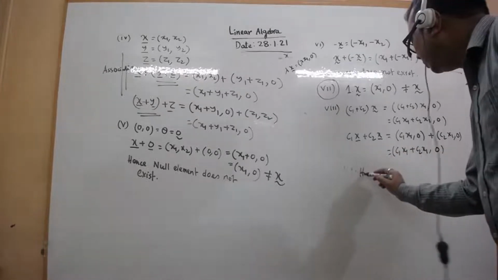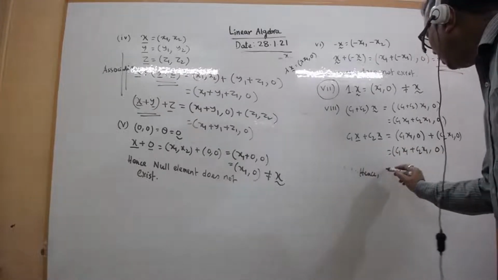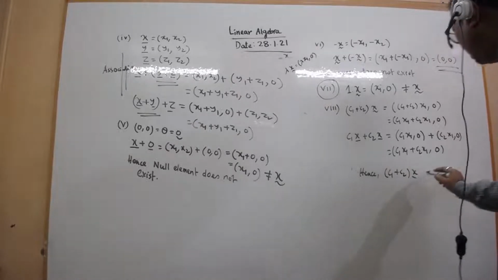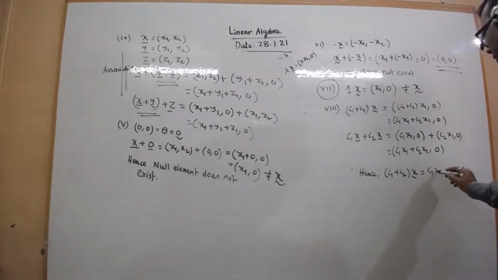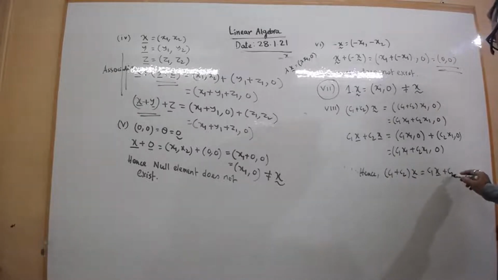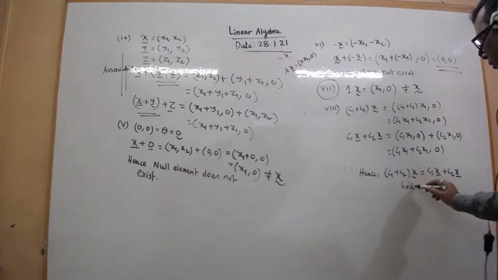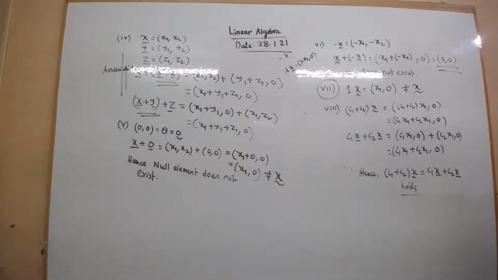Hence (C1 plus C2) x curl equals C1 x curl plus C2 x curl holds. That is, the distributive property holds.